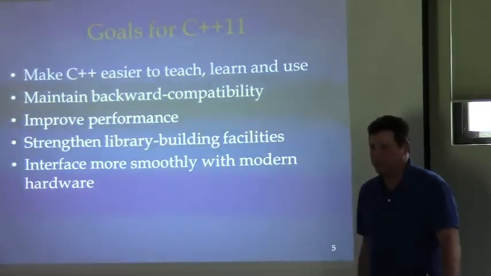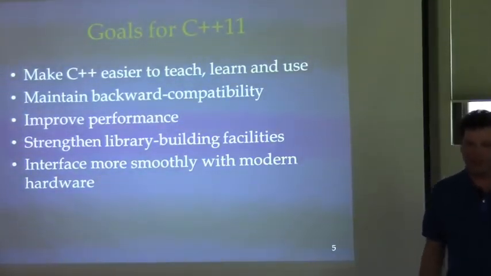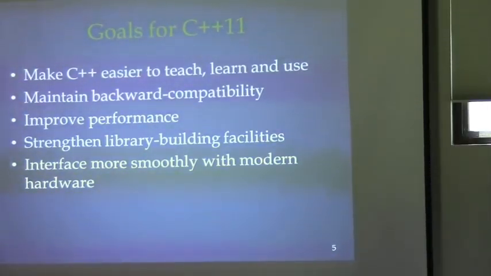Maintain backwards compatibility. Now this is a biggie, of course, in modern languages. You can't break the existing code base, but it's a real challenge to introduce new functionality in a way that's somewhat legible and intuitive, and still not break code that existed before that. So every new iteration of the standard has to work with that challenge.